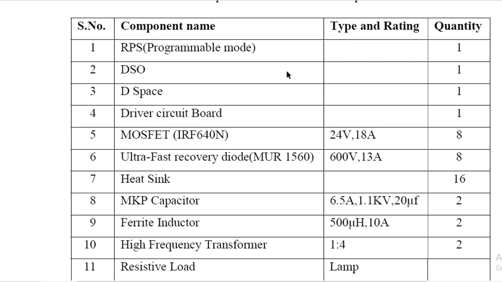If you are confused about the values of the capacitor and inductor, you can follow the isolated converters from any power electronics book like Ned Mohan or M.H. Rashid. At the back of those books the values and formulas for isolated converters are given, so you can take help from that.